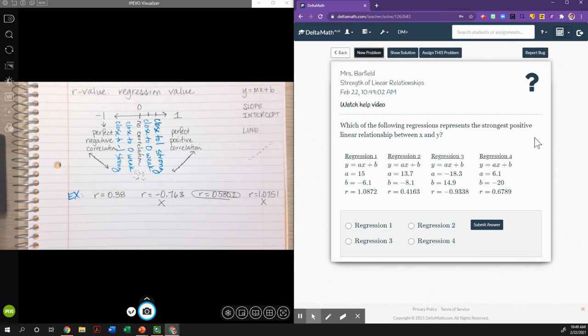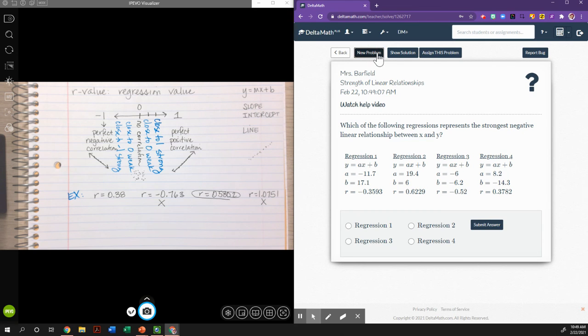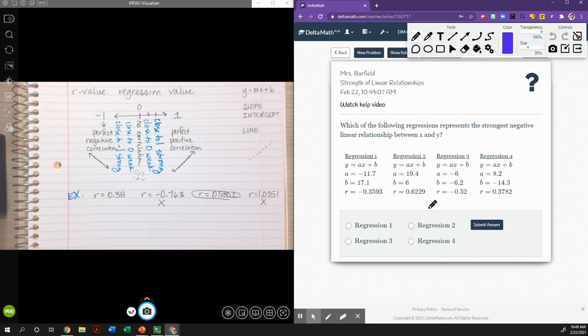New problem. Strong negative this time. I'm going to eliminate the positive values. Now I want to be closer to negative 1.